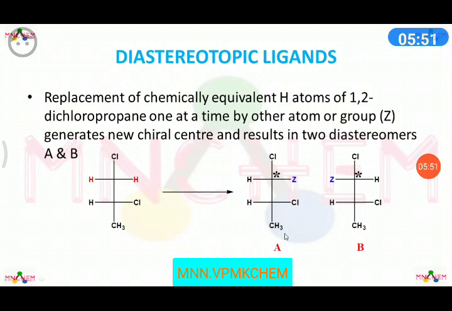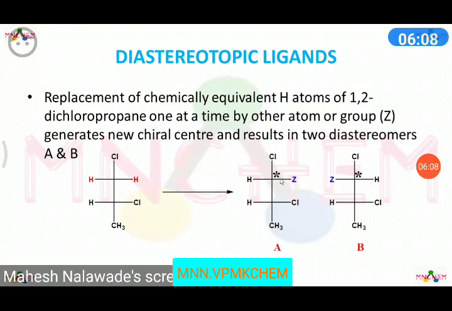Here, these are not mirror images of each other. These are diastereomers of each other. The important change here is that carbon number 1 has become chiral.